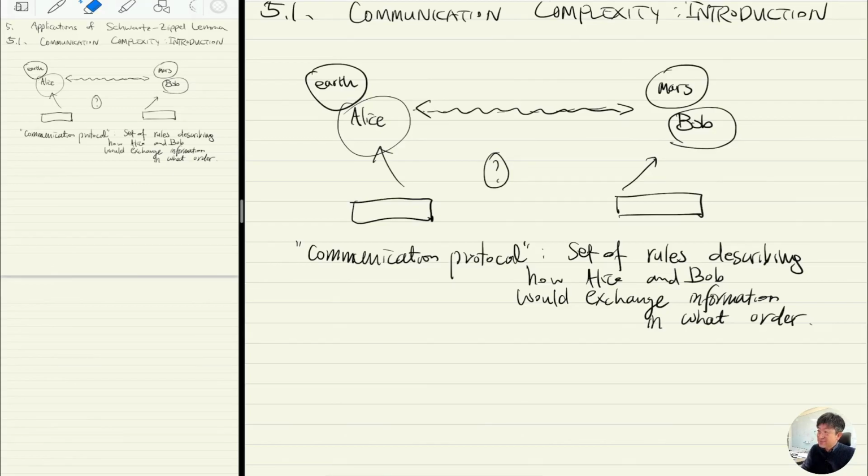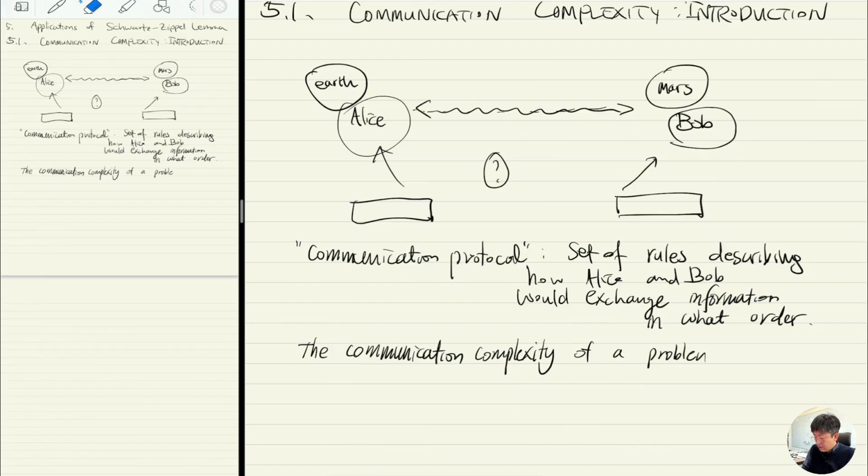And what is the complexity then? The communication complexity of a problem is a minimum, max.